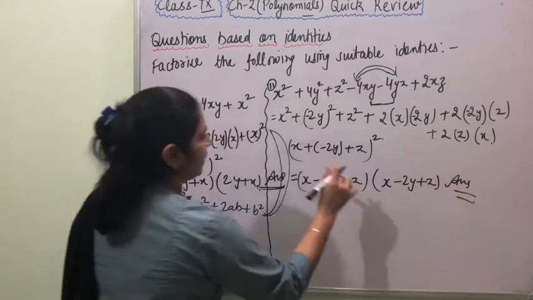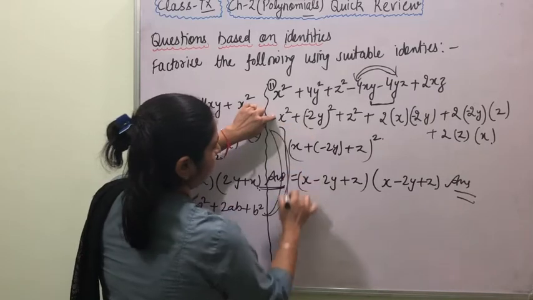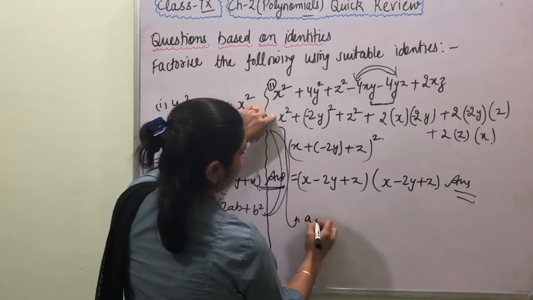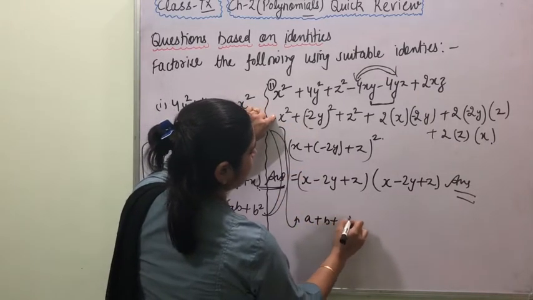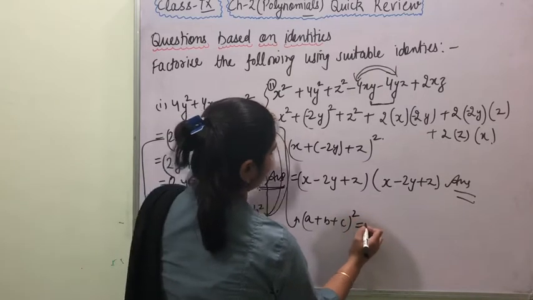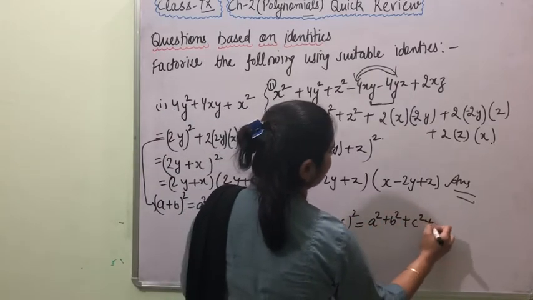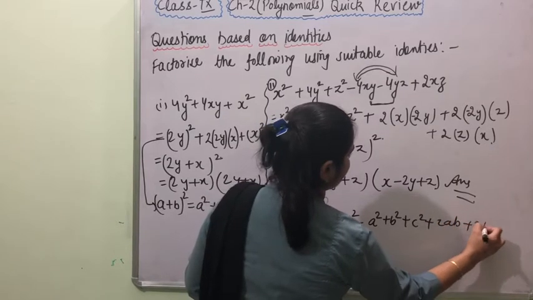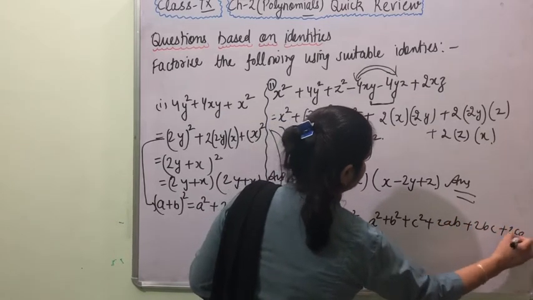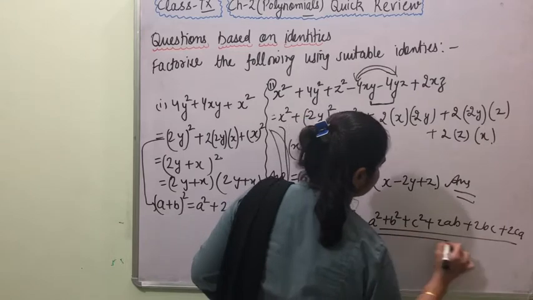We have to mention the identity. Here I am mentioning the identity: three terms are there, (a + b + c) whole square, which is equal to a square, b square, c square, twice of ab, bc and ca. This was the right hand side.